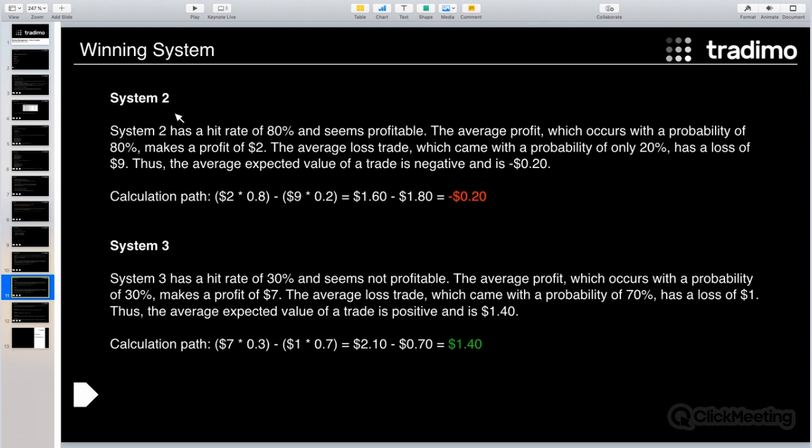A trend following system usually has a hit rate of 30% and a losing part of 70%. Calculating all these things together, you see the expected value of each trade is $1.40. And this is positive, and of course system 3 is the best one out of these 3 examples.